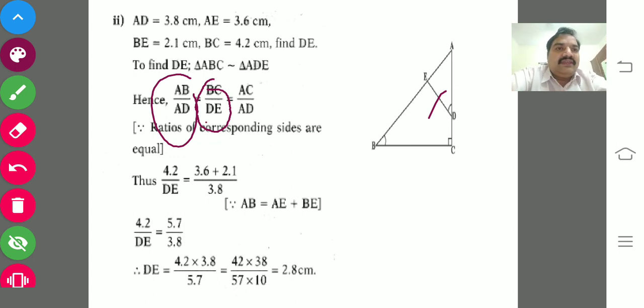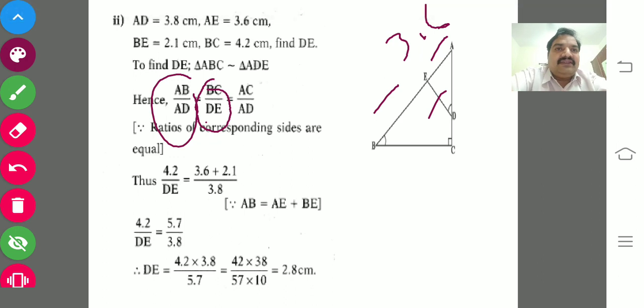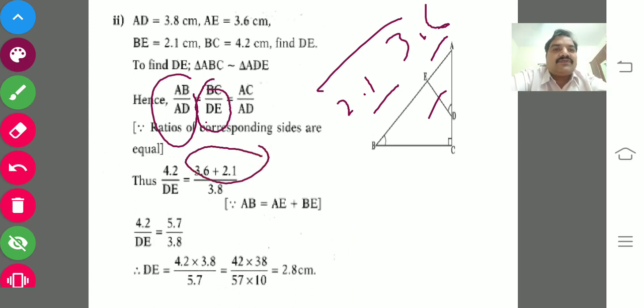AB is divided into two parts: AE is given as 3.6 and BE is given as 2.1. If you add both, you get the AB value, so 3.6 plus 2.1. AD is directly given as 3.8. So 3.8 here.